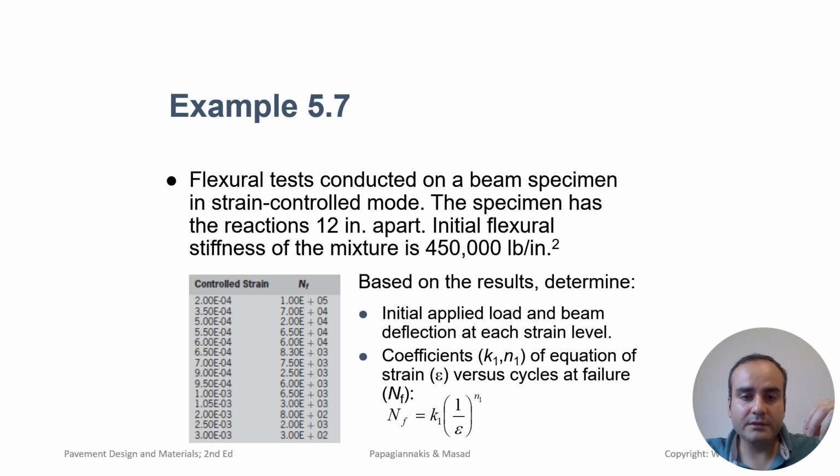Based on these results, you are required to determine the initial applied load and the beam deflections at each strain level. You are also required to determine the coefficients of the equation of strain versus cycles at failure. For this, you need to use the equations in previous slides to determine these parameters.